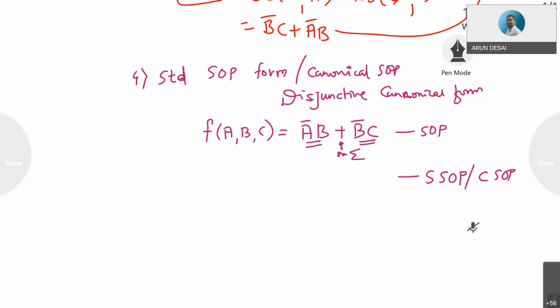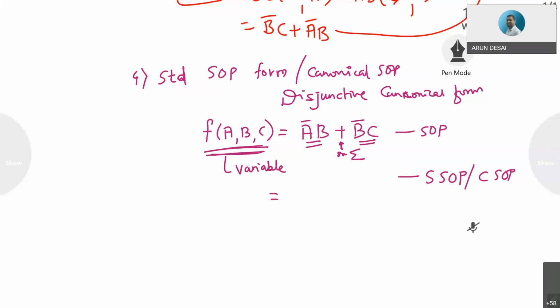So you need to check the function first, right? How many variables are present over there, that you need to check. Concentrate on my word now. You need to check what all variables are present in the function. Total 3 variables are present in the function.